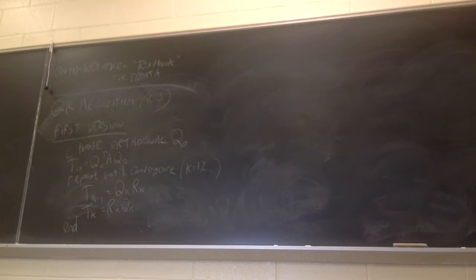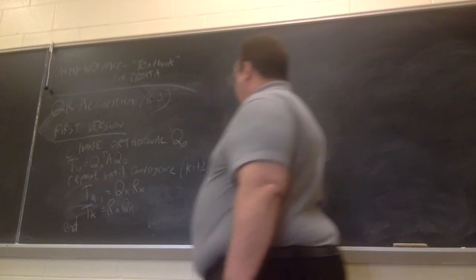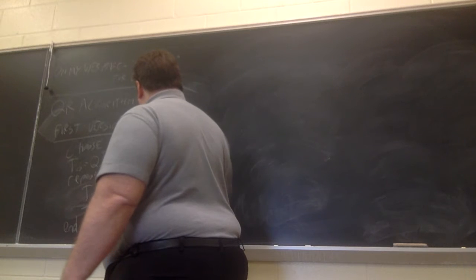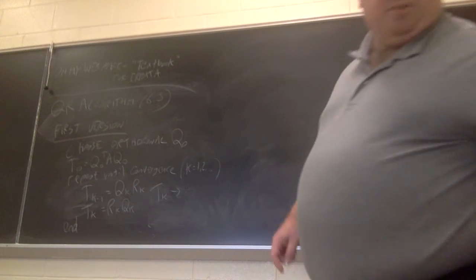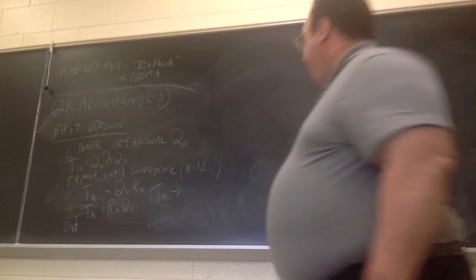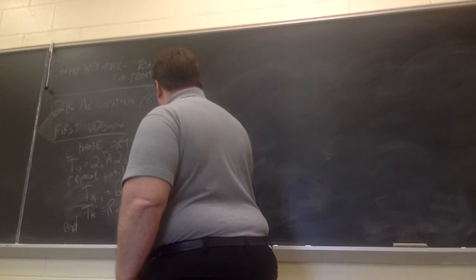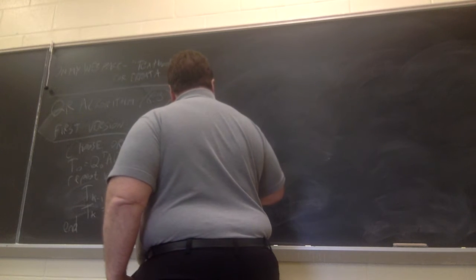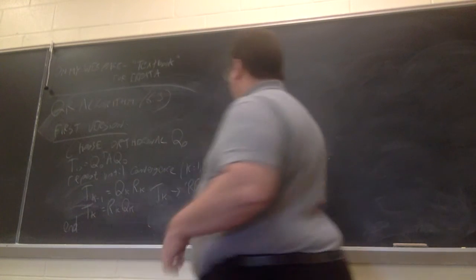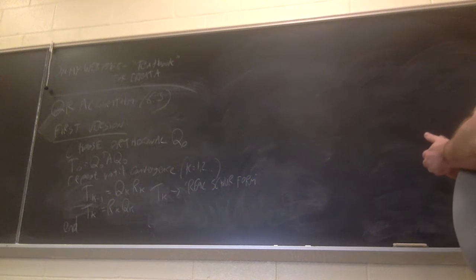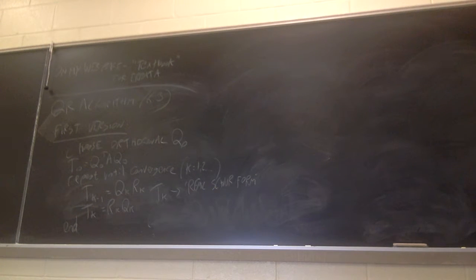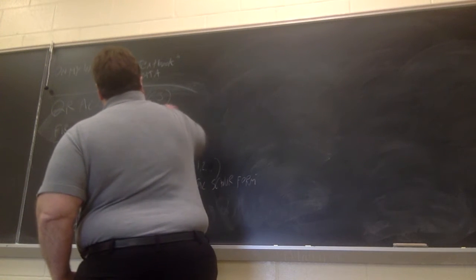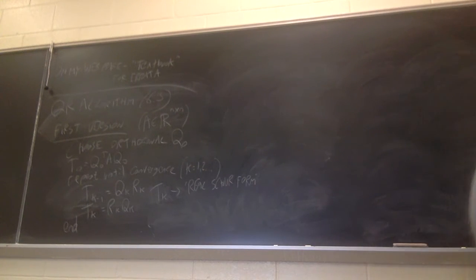So what will happen is, in most cases, not all, but generally speaking, T_k will converge to real Schur form, assuming that A is a real matrix to begin with. So I'll make that clear: A is an n by n real matrix, which might have complex eigenvalues.